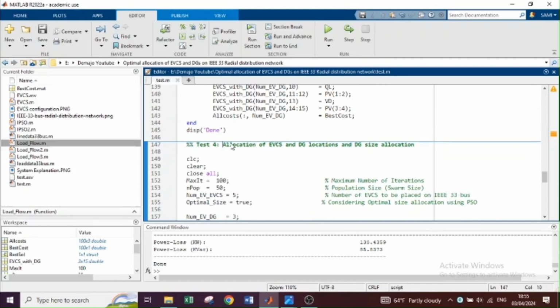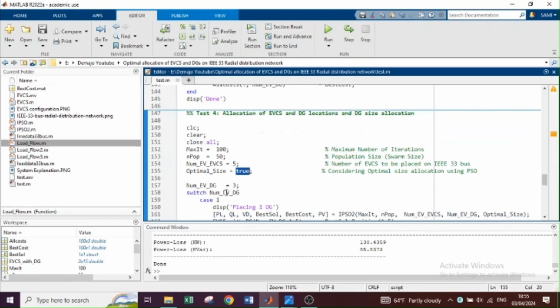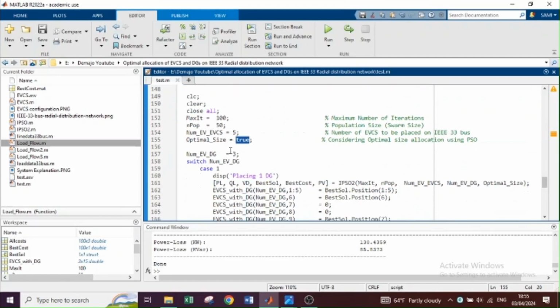So let's go to test 4, where we're going to allow the IPSO method to determine the DG size as well. In this case, once again, we're going to consider the best locations of EV charging stations, and you can determine how many DGs you want to have in your system. And as you can see, optimal size is set to true.